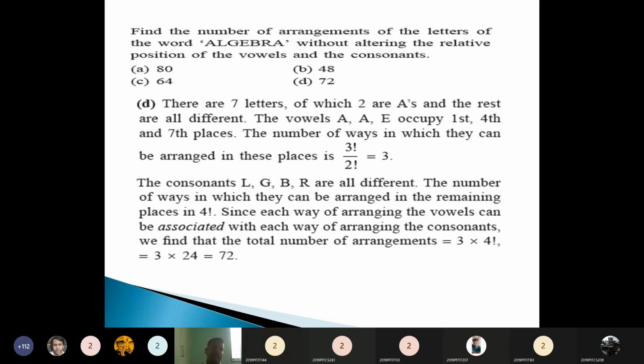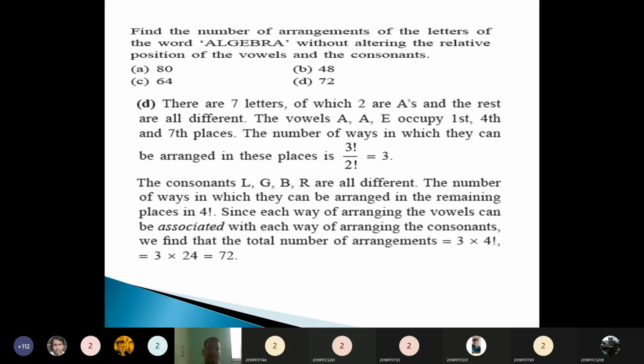Hence you get 3. So only 3 ways you can arrange those 3 vowels in the first, fourth and seventh places. First one A, A, E. Next one A, E, A. Next E, A, A. That's it. No other possibility.